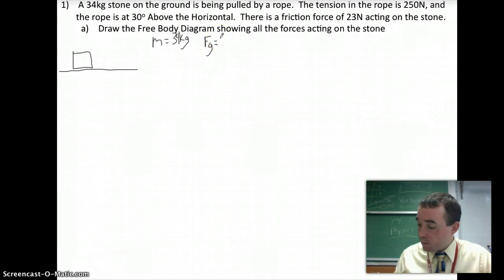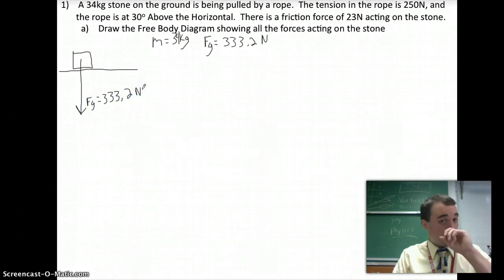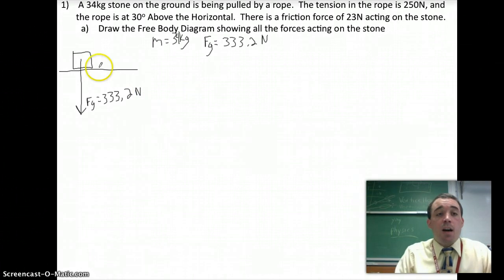So 34 times 9.8 is 333.2 newtons. So I have a weight, force of gravity, of 333.2 newtons.